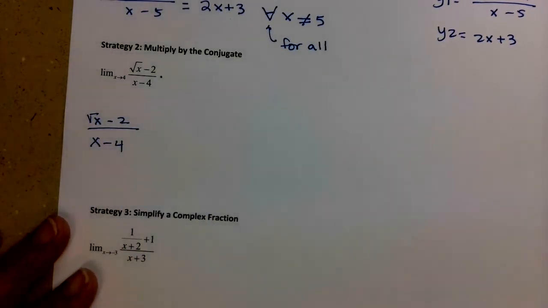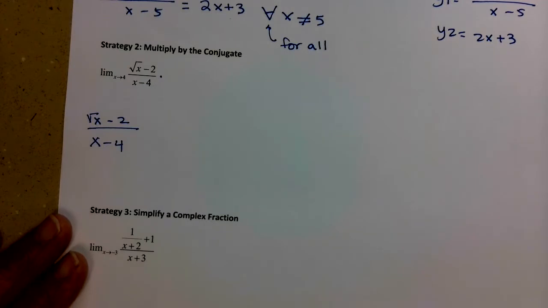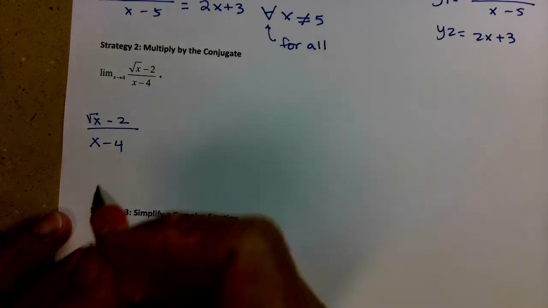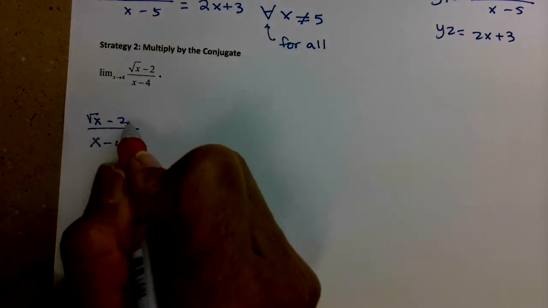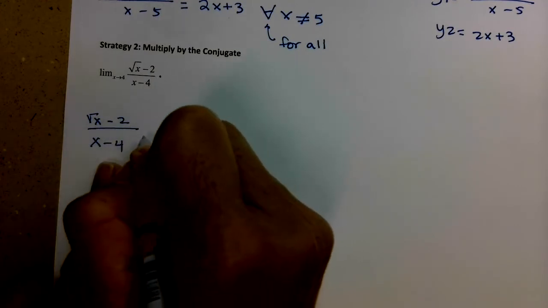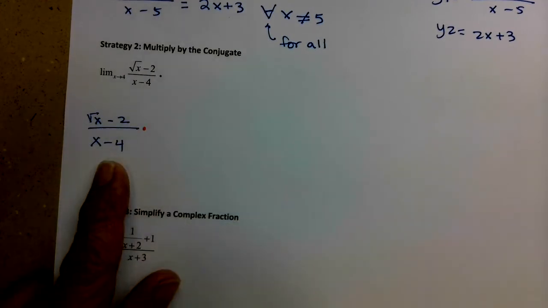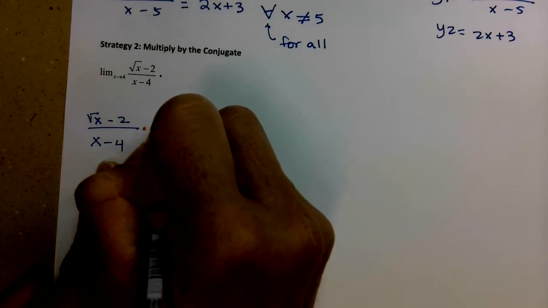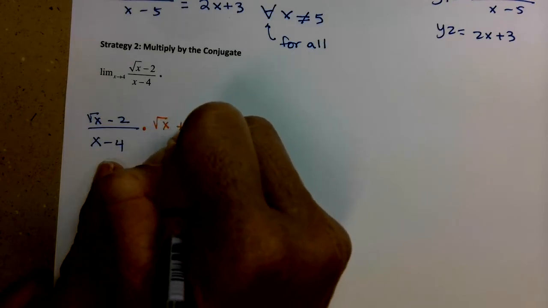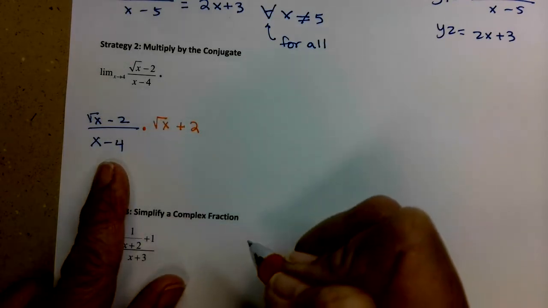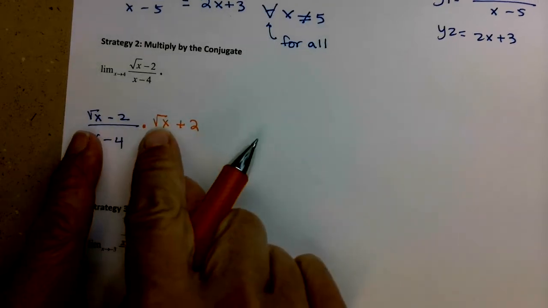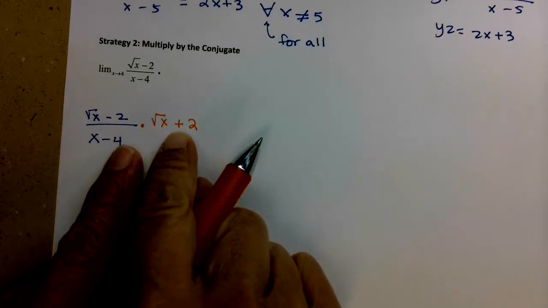Okay, so I'm going to start with the expression we have, and we're going to manipulate it in such a way that I get something I can just plug the 4 into. So I want to multiply by the conjugate of, in this case, the numerator, because that's the one with the radical. So conjugate: same two terms, different sign in the middle. Square root x and a 2, opposite sign.